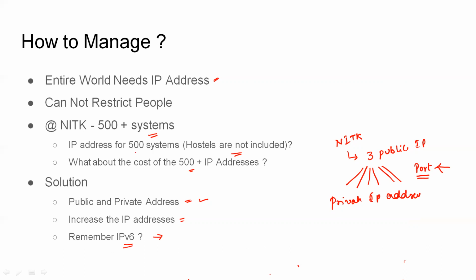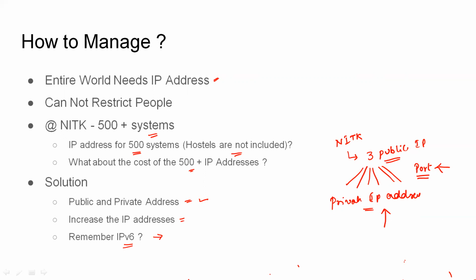As I said, we have around 500 plus systems. For all those systems, we can use private IP addresses. The best part is we don't need to pay for them. Only for 3 public IP addresses we need to pay. Now imagine how much money and how many IP addresses we are saving in the real world.